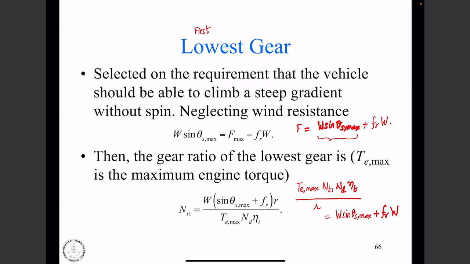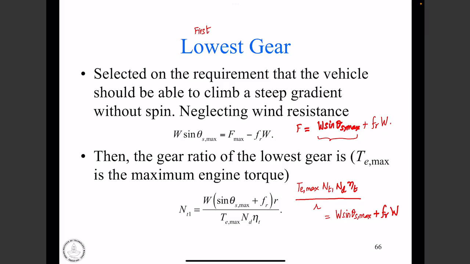So I hope it is clear why this process is also called transmission matching. On the left-hand side of this equation, we have characteristics corresponding to the powertrain. On the right-hand side, we have terms which come from the vehicle level perspective. Same story in the previous equation also, when we wrote down the equation for maximum speed.